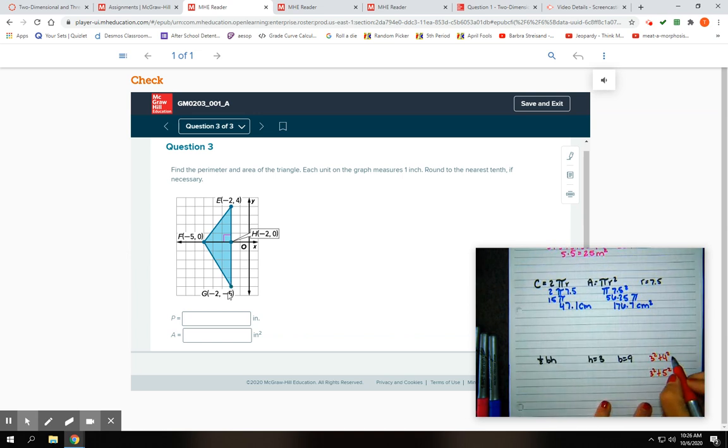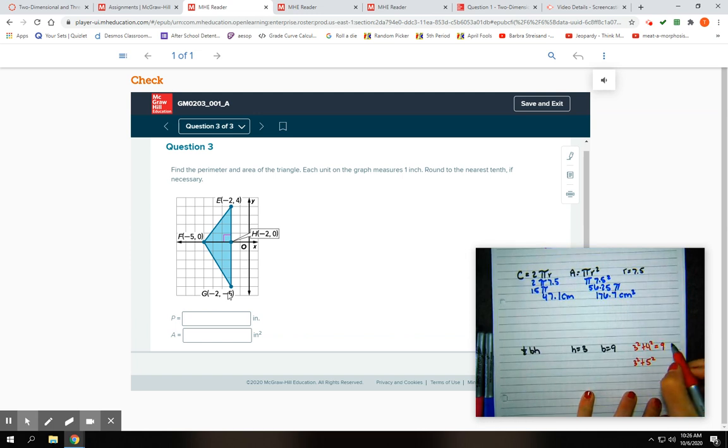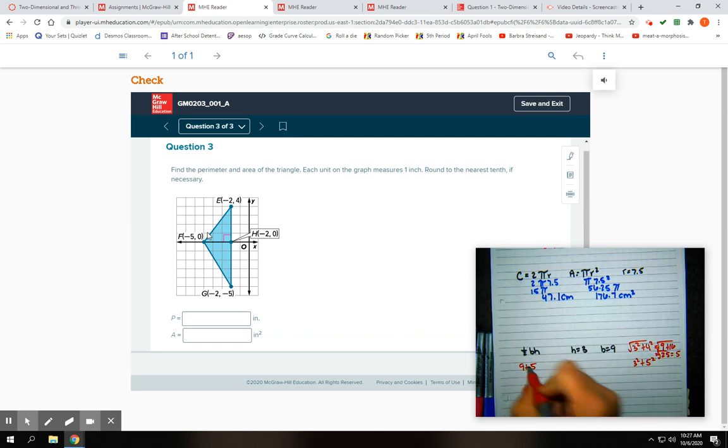So go ahead and do that first for yourself. So 3 squared, that's 9, 4 squared, that's 16, right? So that's 25, which the square root of 25 is 5. So we know that the distance from F to E is 5. All right, so there's one of our distances for perimeter. We already had the other one that was 9, right? This one's 9.